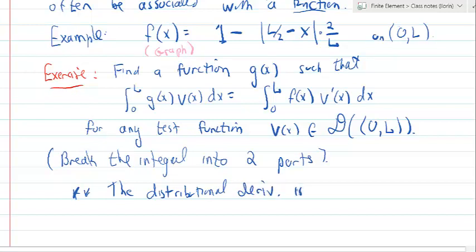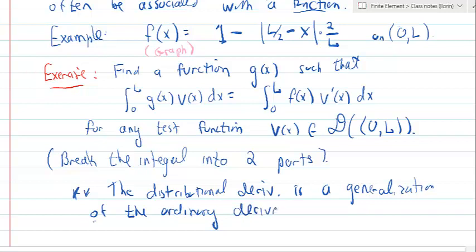is a generalization of the regular derivative. Okay. So we can interpret differential equations in a distributional sense.